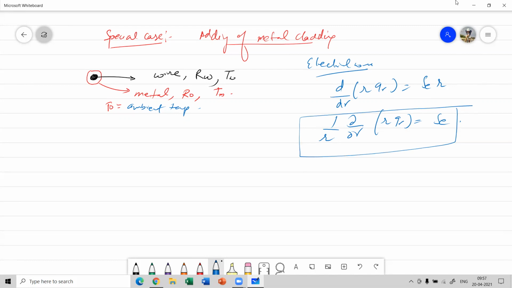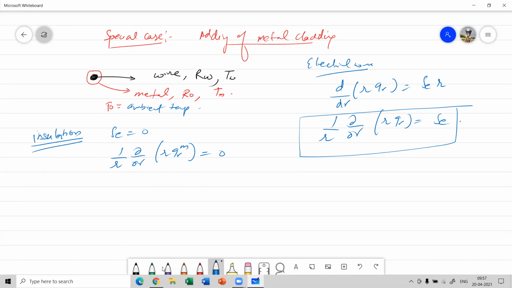Now, if there is proper insulation, that means there won't be any current, there won't be any energy dissipation. So Sc remains 0. So what we have is 1 by R del by del R of R qr is equal to 0 for heat conduction through the metal. So if there is proper insulation occurring, it is this thing.